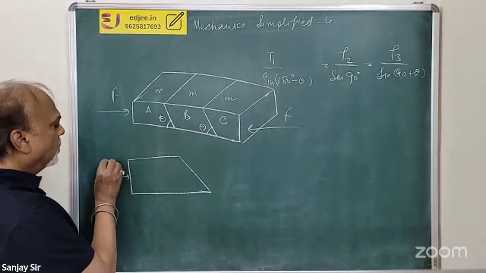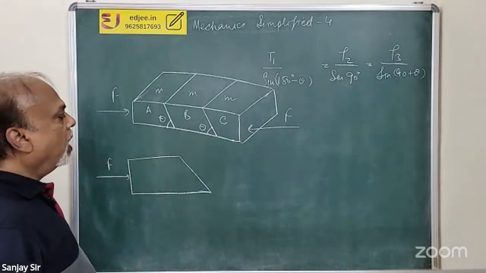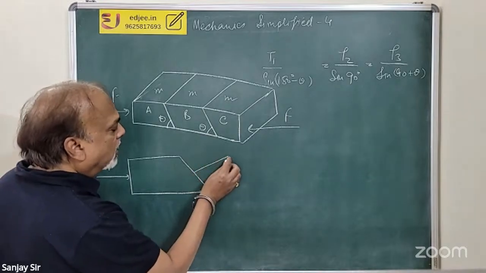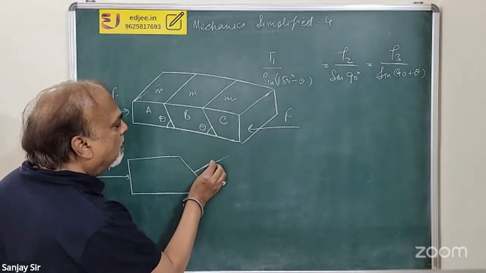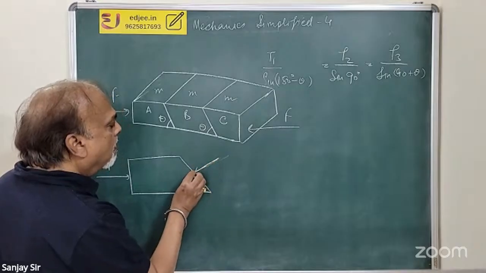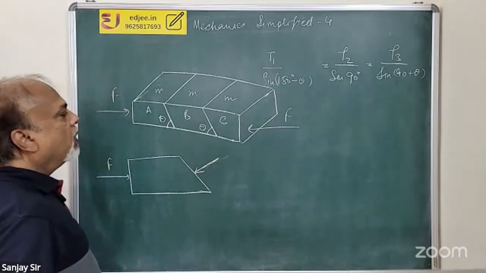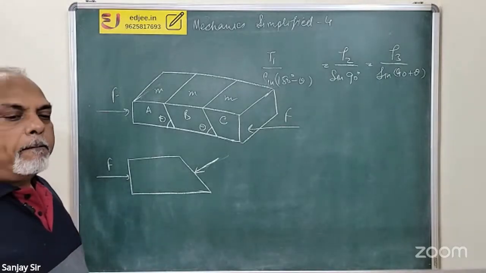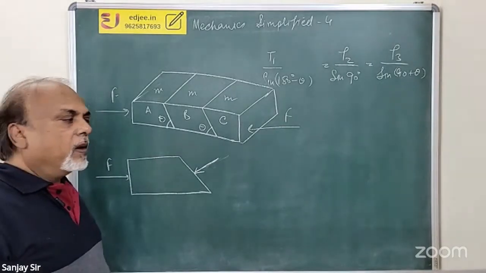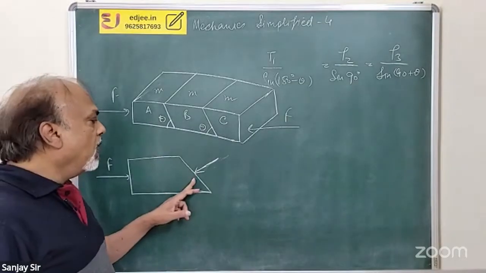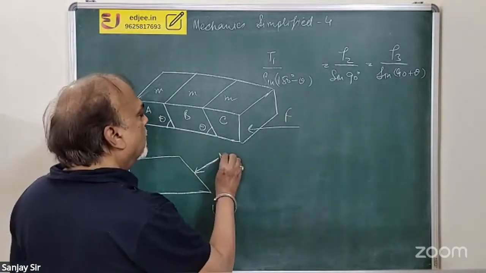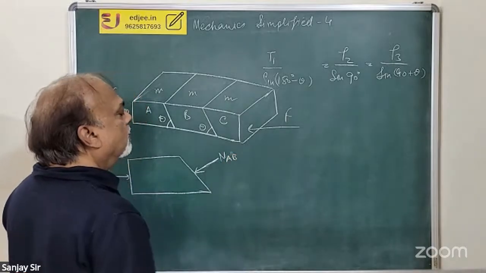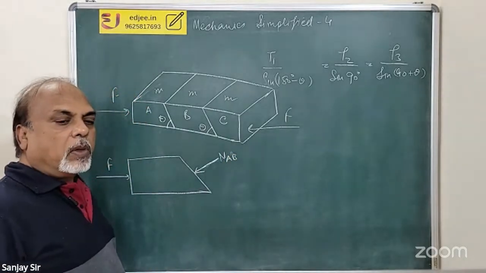One force is there, and there will be a normal reaction from block B to A. So normal reaction on A due to B. Correct?